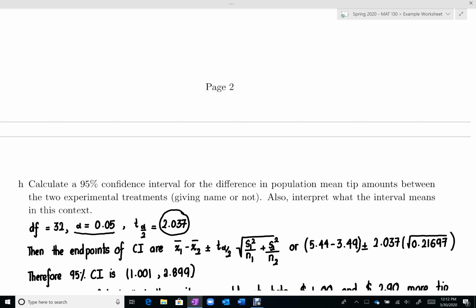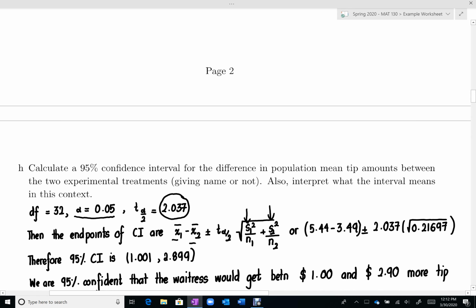Once we know our t alpha over 2, we know our two sample means, we know our two sample standard deviations, so the formula right here gives us the endpoints of the confidence interval. So when I plug in the corresponding values and put it in my calculator, I get that the 95% confidence interval is from 1.001 to 2.899.